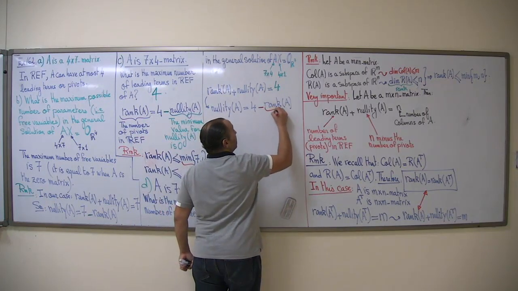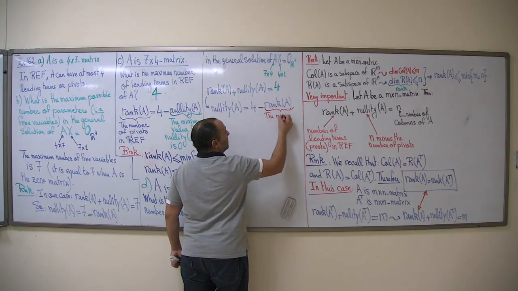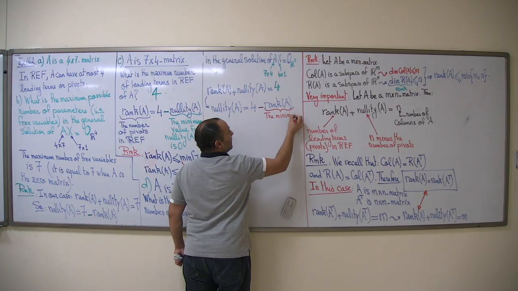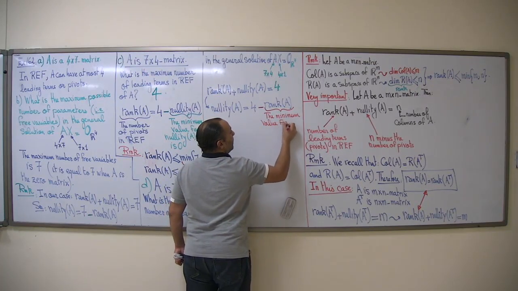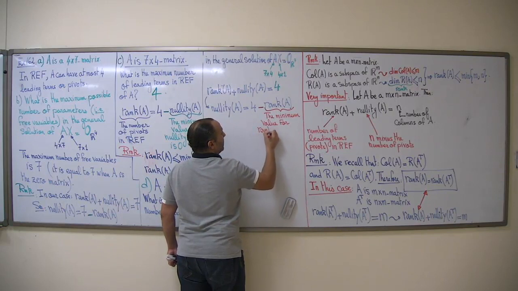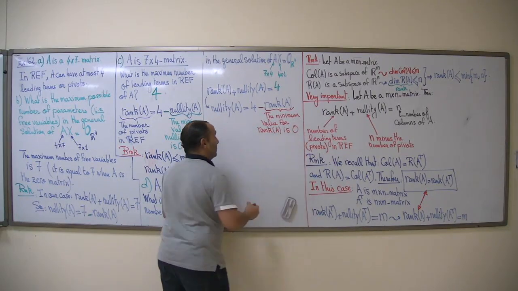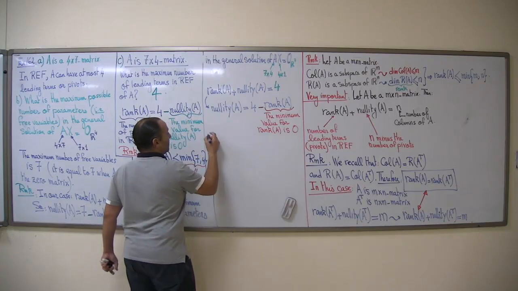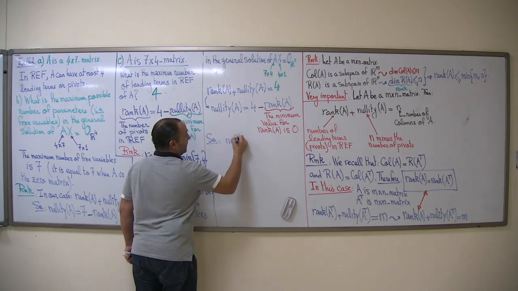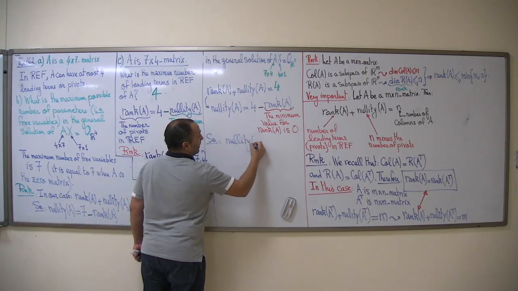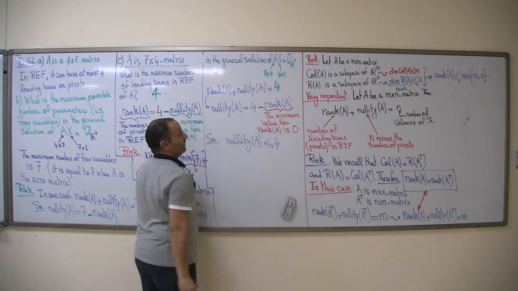So the minimum value for the rank of A is 0, and the maximum value for the nullity will be 4.